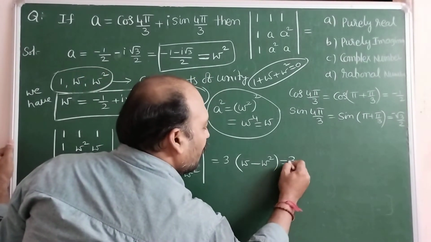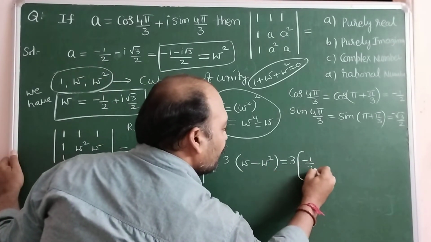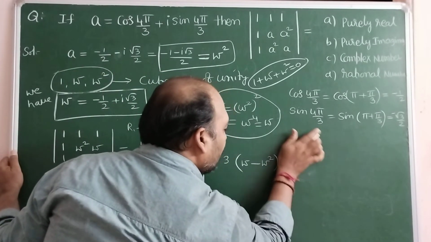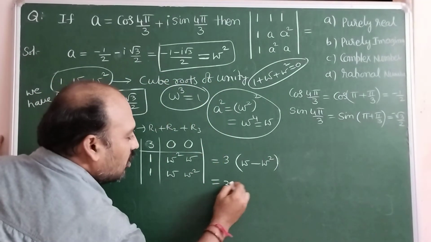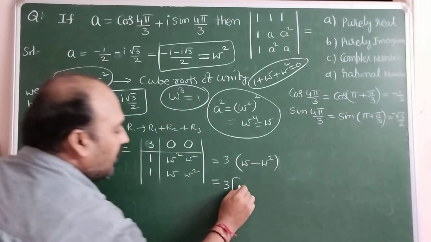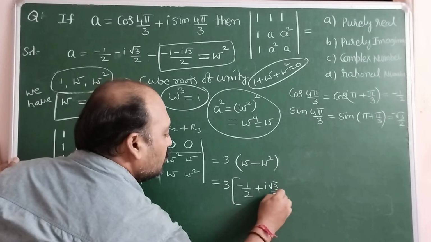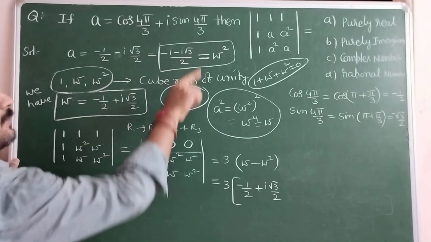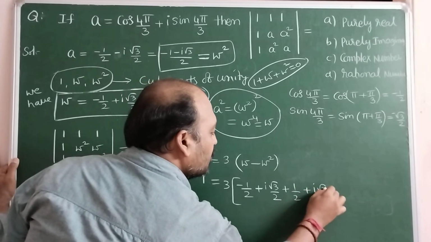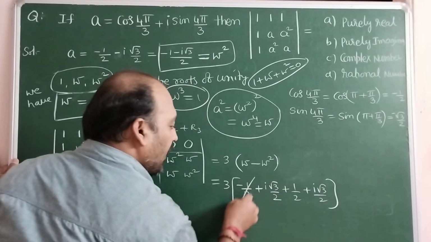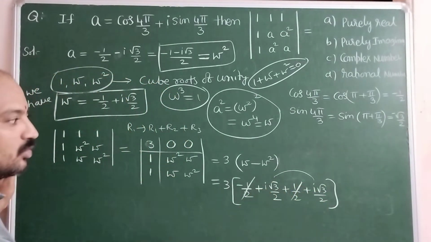So 3 times of omega minus omega square. Otherwise, I will write it here clearly. Some students are not able to see. So 3 times of, keep bracket, (minus 1/2 plus i root 3 by 2) minus (minus 1/2 minus i root 3 by 2). Minus 1/2 plus 1/2 gets cancelled. 2 times i root 3 by 2 is only i root 3.